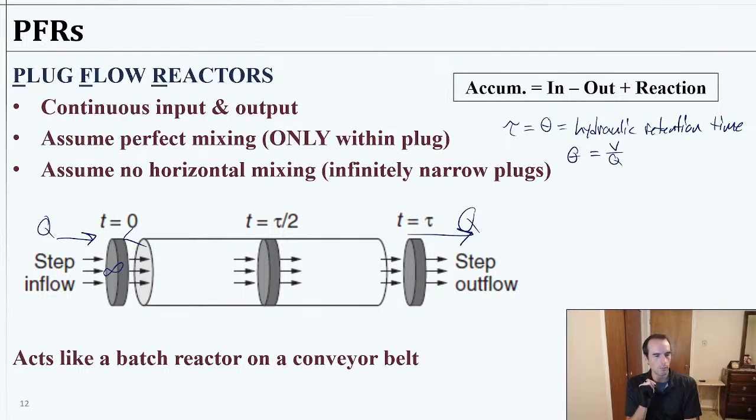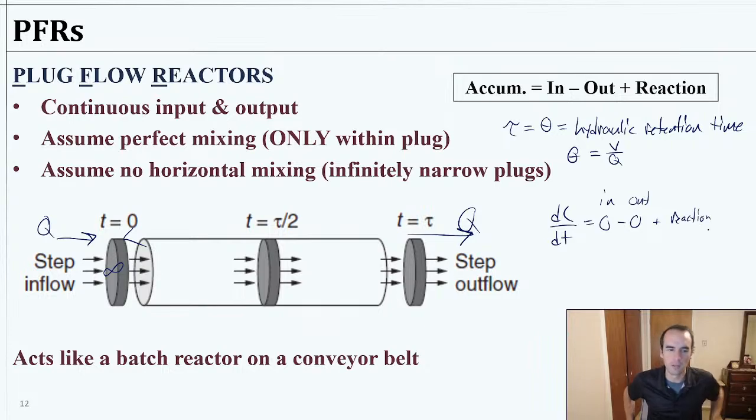Okay, so in this situation the math actually becomes pretty simple, because for an accumulation term, if we treat it as a batch system, we don't have anything going in or out of our plug, which is the batch. So we'll have 0 minus 0 for the input and output, plus our reaction term. This could be a minus, so a plus a negative reaction.